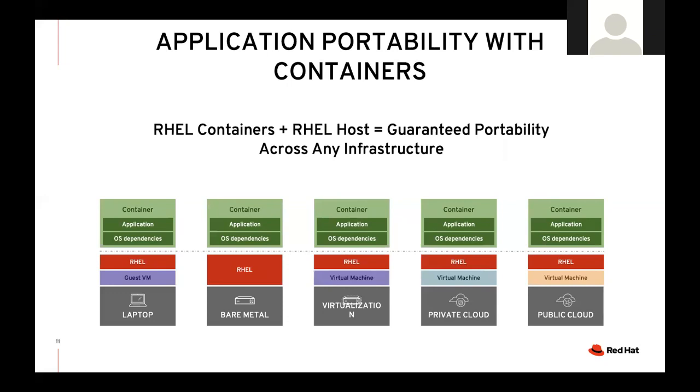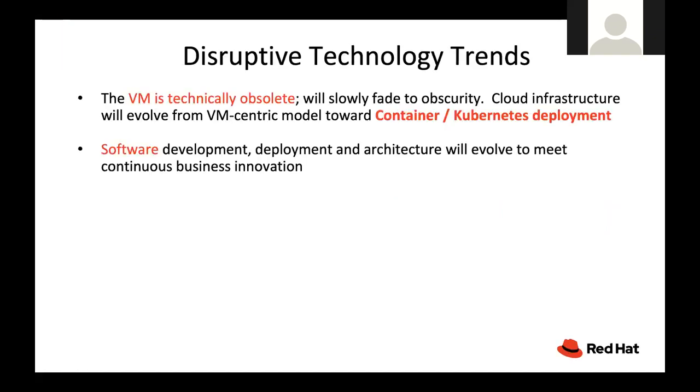And this is where Red Hat, being, again, the world's leader in open source and also specifically in the Linux operating system, and this is our heritage, we provide the world-leading operating system platform on which we are able to deploy containers and scale containers and deploy containers across multiple environments. So hybrid cloud becomes a reality, and this is the essence of the Red Hat hybrid cloud infrastructure platform that we are delivering.